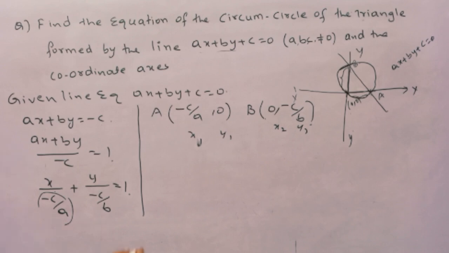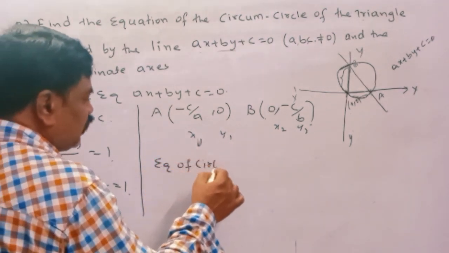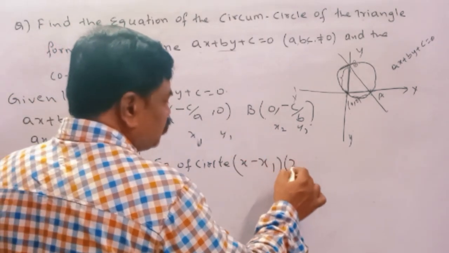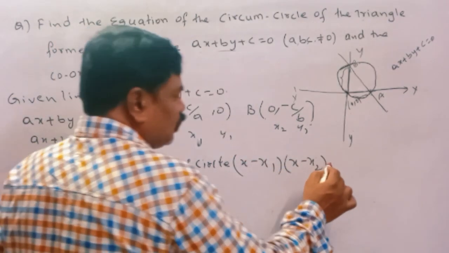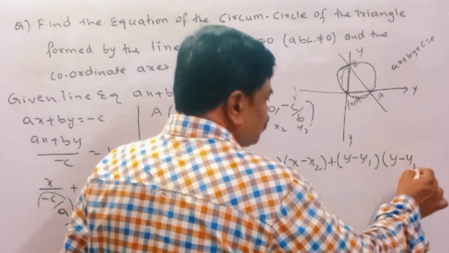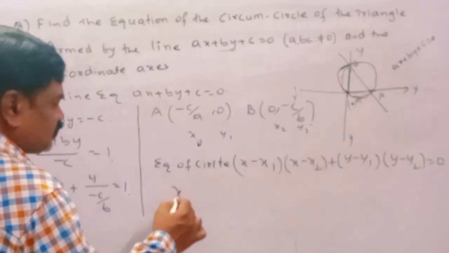Then what is the formula? That is the equation of the circle: (x minus x1)(x minus x2) plus (y minus y1)(y minus y2) equal to 0. Then what is x minus x1?